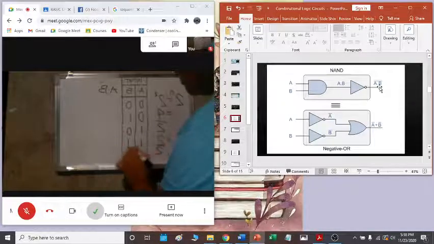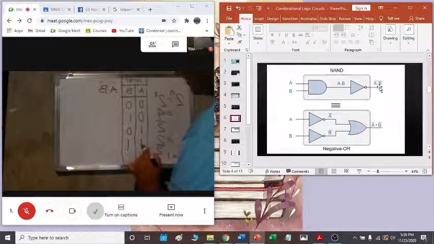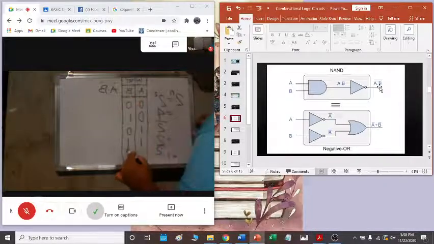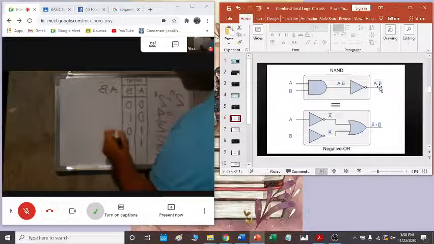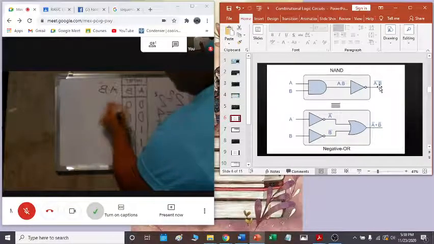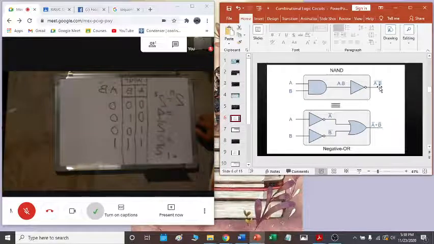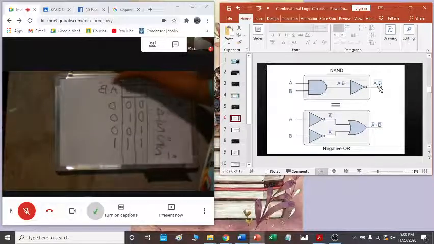So when input A is 1 and input B is 1, the output is 1. The rest are 0.